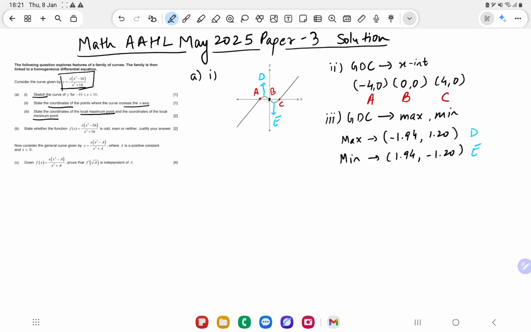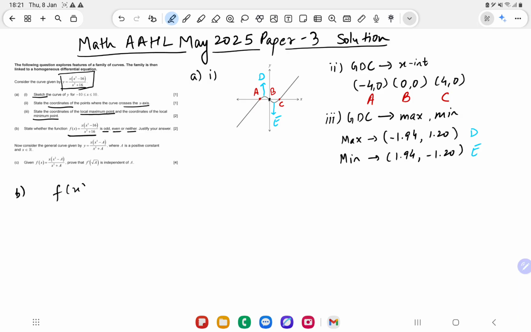Now the B part of the question says state whether this given function is odd, even, or neither, and we have to justify our answer. So before moving on to the solution, we first have to check how we will solve the B part. Now, what is an odd and even function?